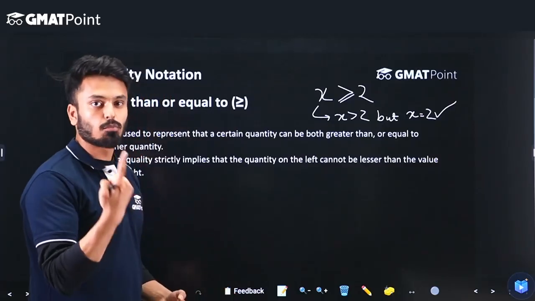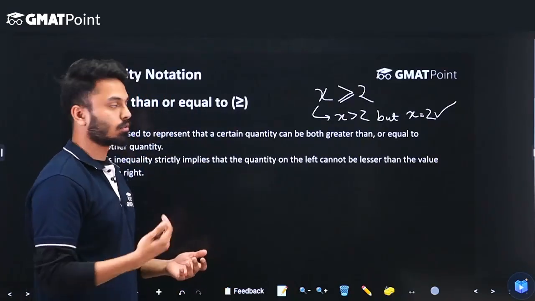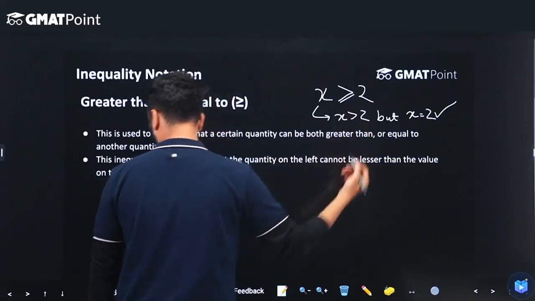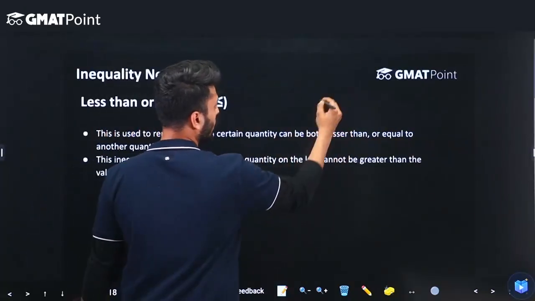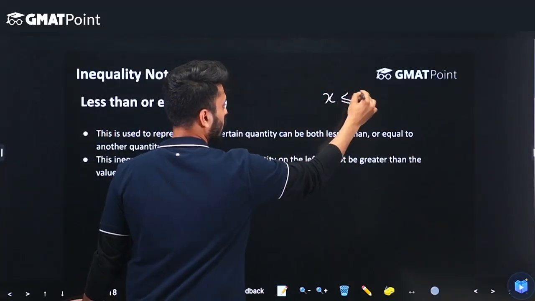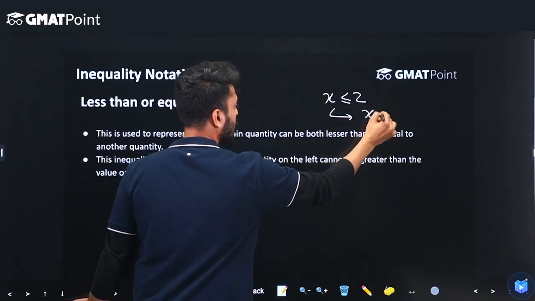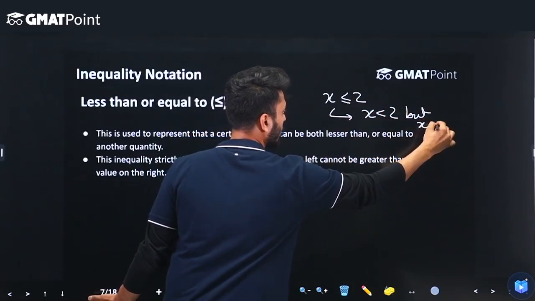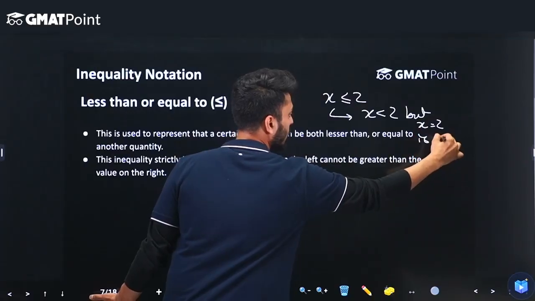So it adds one more value to the set of allowed values. Similarly, in the case of x less than or equal to 2, the allowed values are simply the same as x less than 2, but again x equal to 2 is allowed.